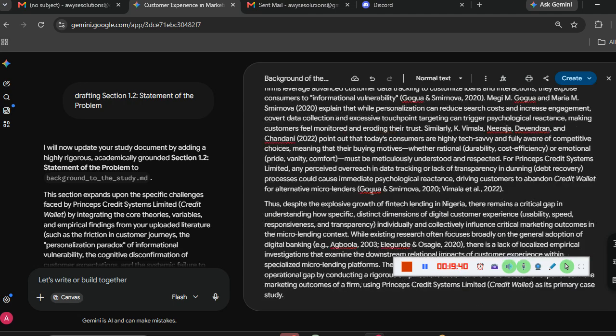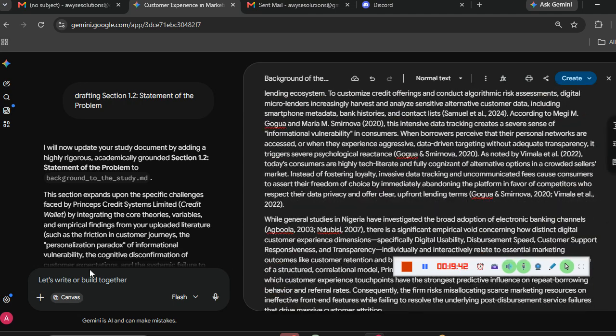If this statement of problem is too much, I could tell it to make this statement of problem more coherent and cohesive.